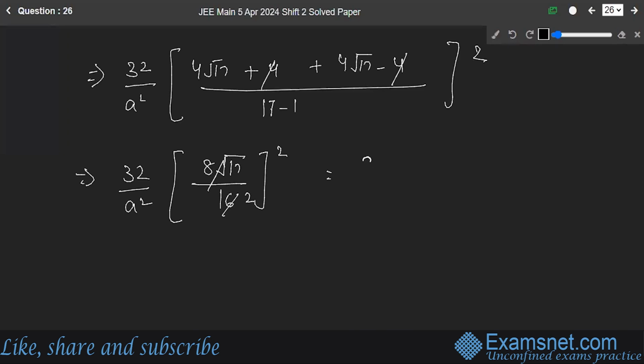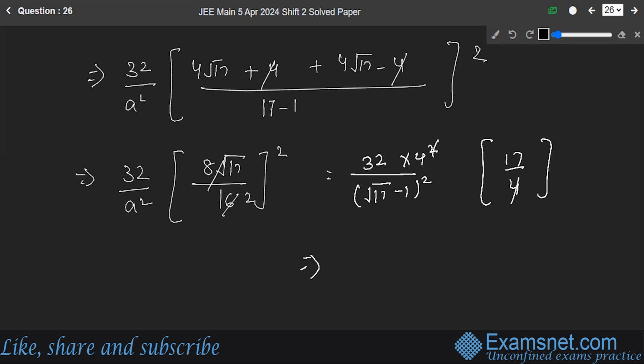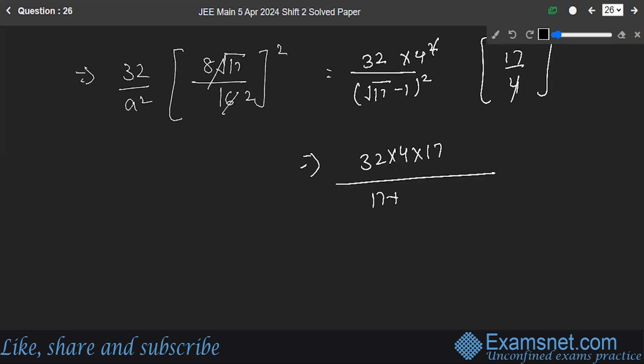So now this is 32 upon a square. A square is root 17 minus 1 square into 4 square. And this is 17 by 4. So this 4 and this 4 will cancel. And you have 32 into 17 into 4, and the denominator is going to have 17 plus 1 minus 2 root 17.